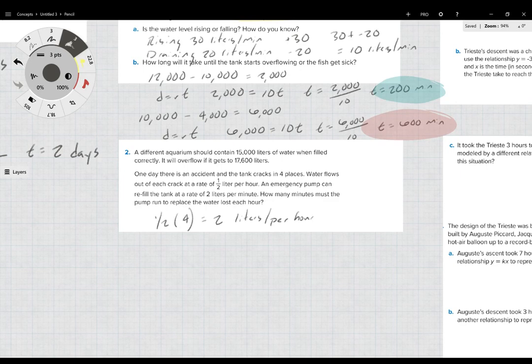Right? Because if it's draining at 2 liters per hour, but it fills up 2 liters per minute, then after 1 minute, it's going to fill that 2 liters that it lost already. So how many minutes must the pump run to replace the water that it lost each hour?